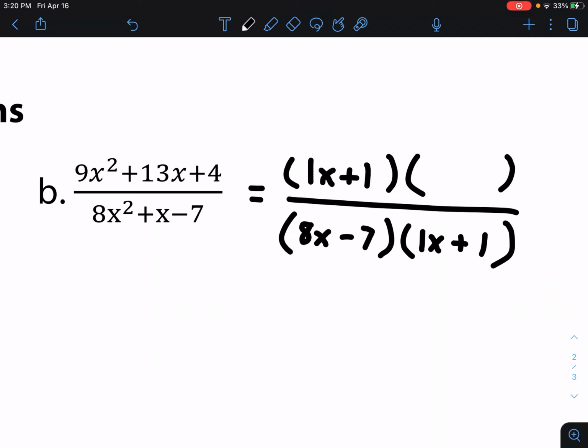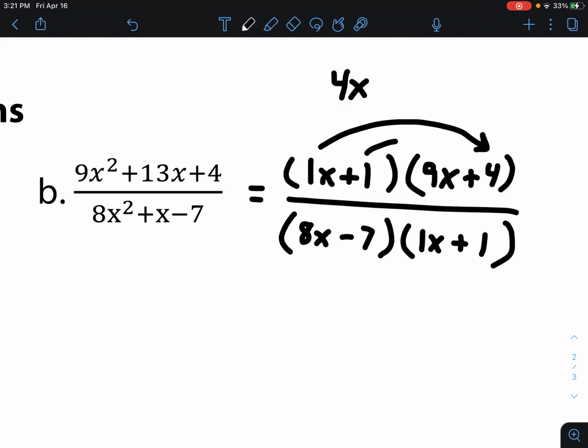All right, and so now this is going to be relatively easy because I've got the two numbers in there. Now I'm just going to put whatever other numbers I need. So I know I need a 9x here, and I need a plus 4 here. And then we just have to double check it and see if it works. So I want to do this one, which is 4x, and then this one plus 9x.